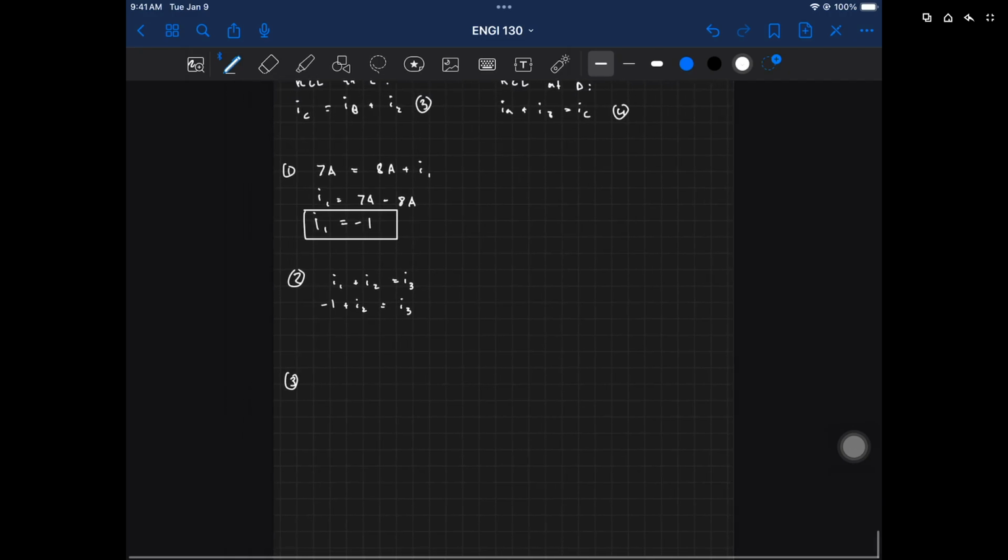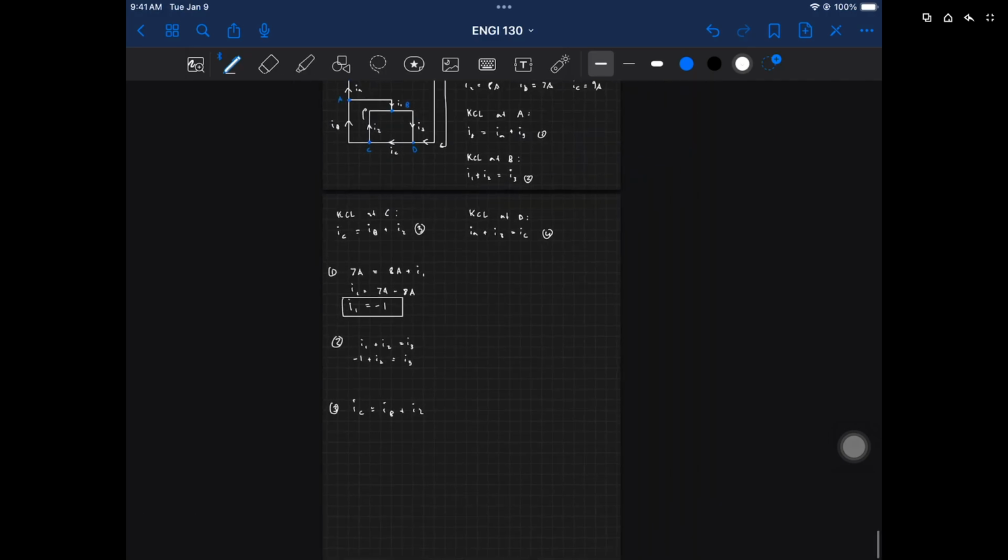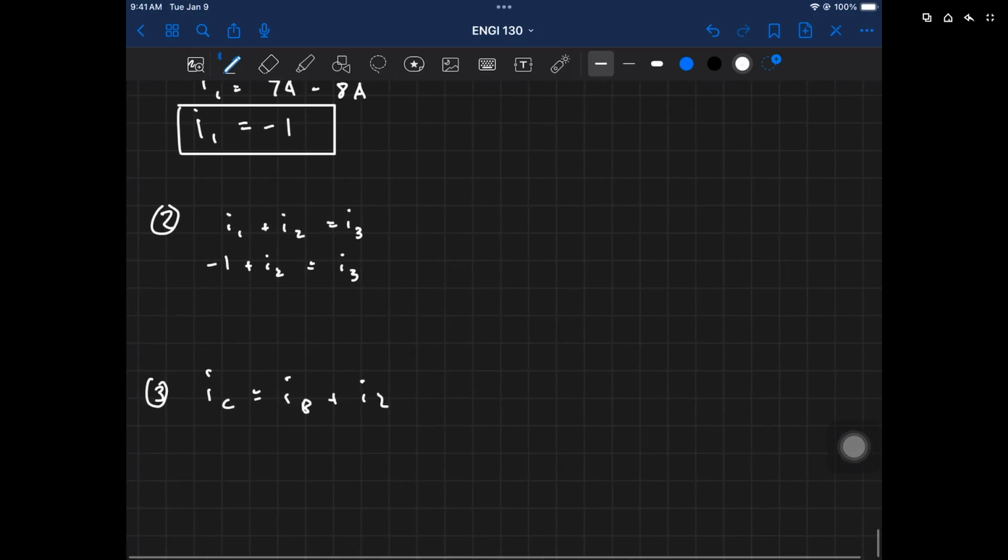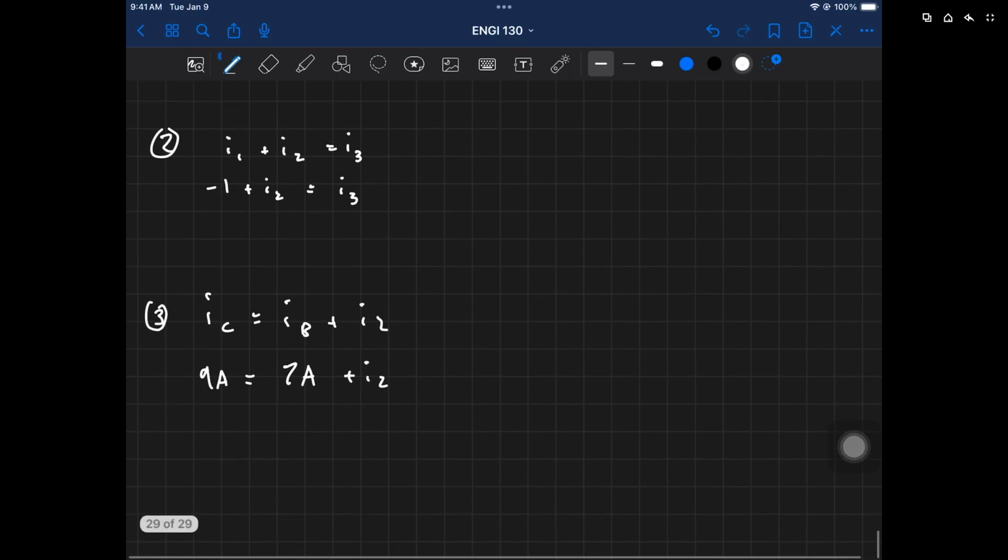Equation 3 is IC is equal to IB plus I2. Now we can plug these things in, right? So we have 9A is equal to 7A plus I2, and we could just solve for I2. I2 is equal to 9A minus 7A, which is equal to 2 amps.